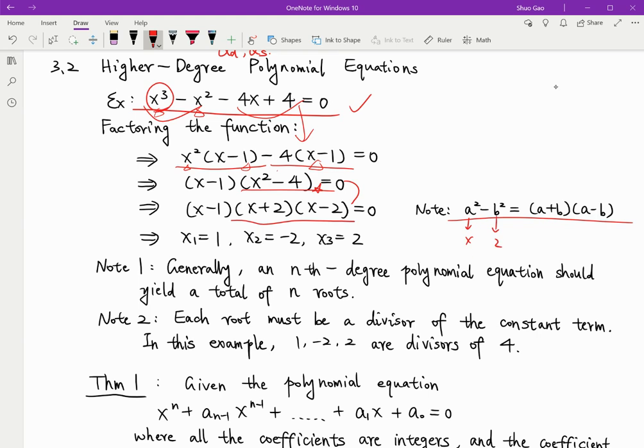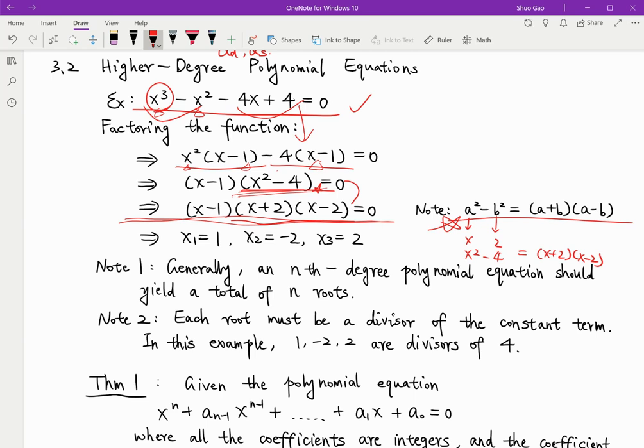So a squared is x squared, and b squared is 4. So this is x plus 2 times x minus 2. This is a general formula, and we can use it to factor this term.